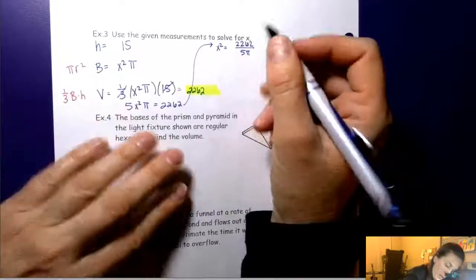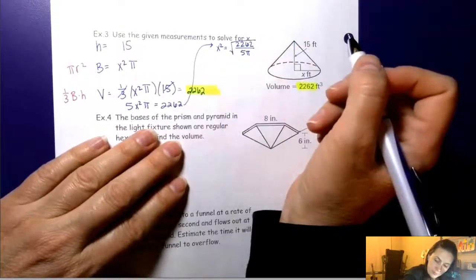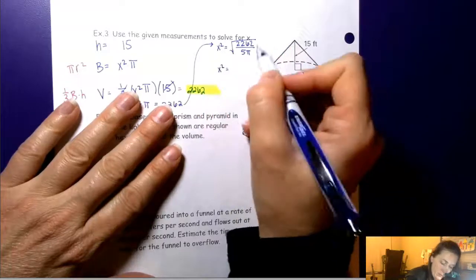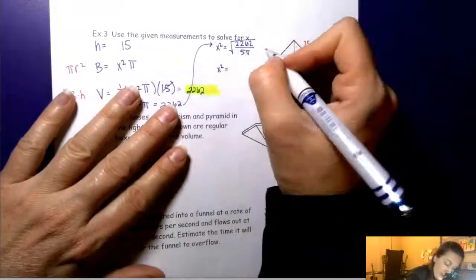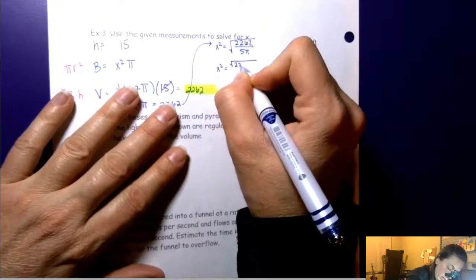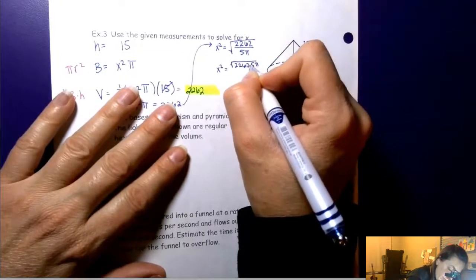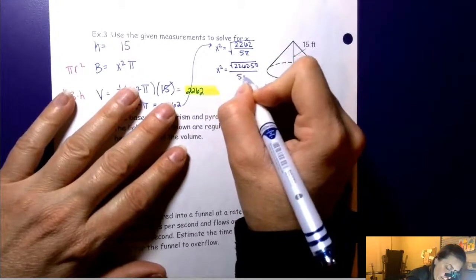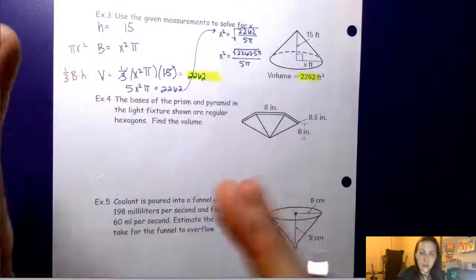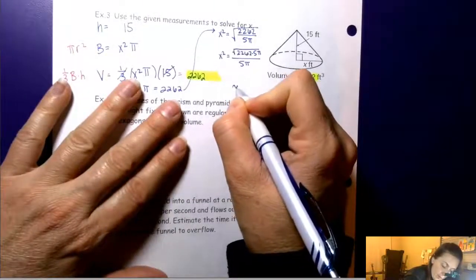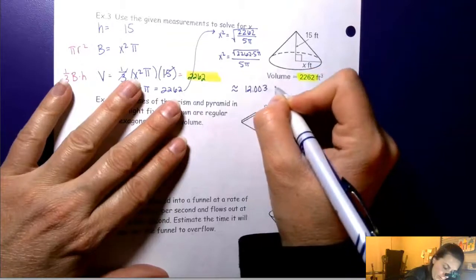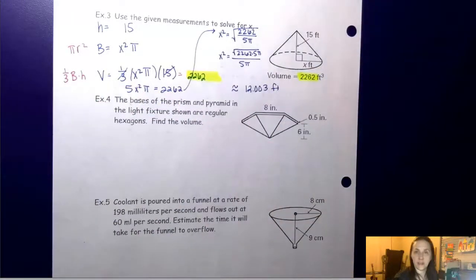Without a calculator, I'm going to want to square root this. For all intents and purposes, x would equal the square root of this. You could rationalize your denominator and make it root of 2262 times 5 pi all over 5 pi. Now, plug that into your calculator just to see what you get, kind of confirm. I get approximately 12.003 feet. Let's go ahead and check that and make sure you get it.